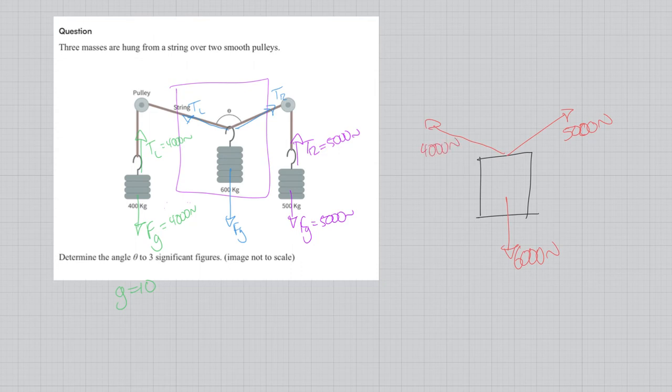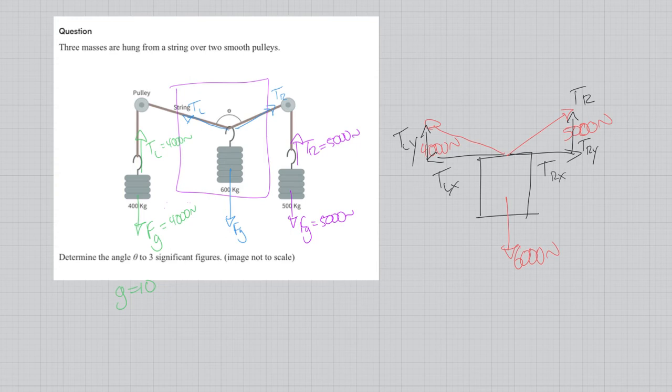And the idea is that this T right has a T right in the X component, and a T right in the Y component. Same thing over here: T left in the X component and T left in the Y component.